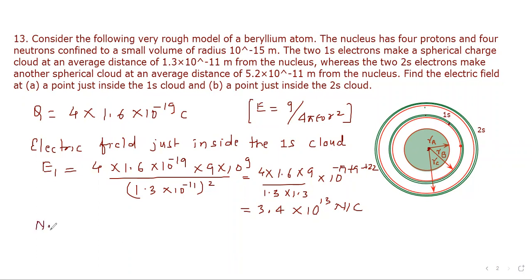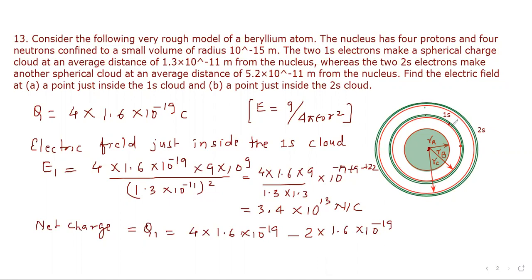So net charge, say it is Q1, will be the charge due to 4 protons, 4 into 1.6 into 10 to the power minus 19, reduced by 2 electrons, meaning 2 into 1.6 into 10 to the power minus 19 Coulomb.